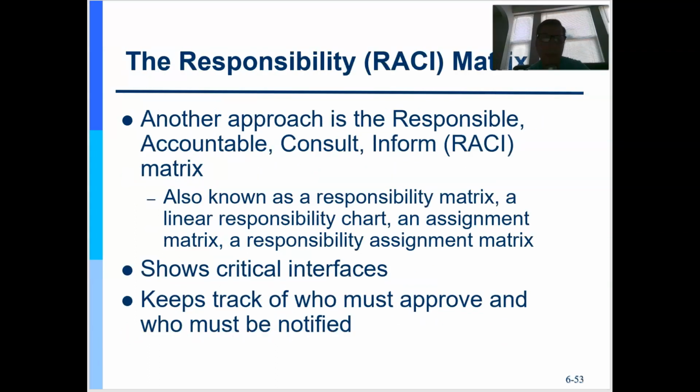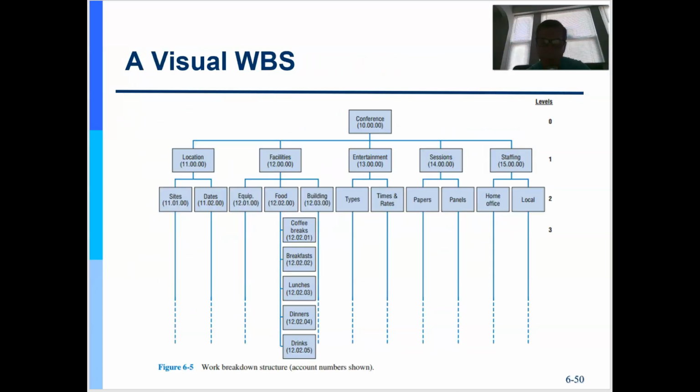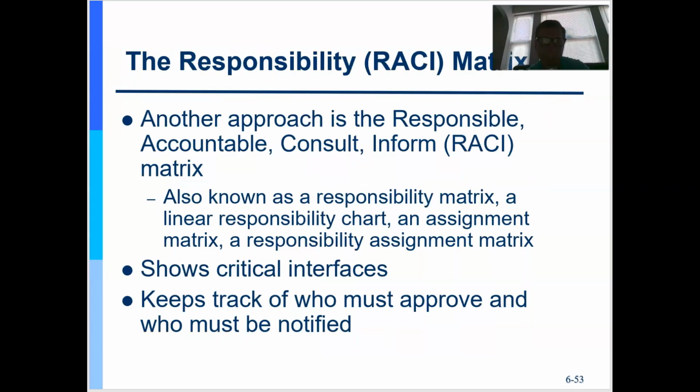Now, to identify who does what, I'm not only going to put their name in the work breakdown structure dictionary, that's the document that goes with the work breakdown structure, and it has all the details. I'm also going to further define a RACI chart. A RACI chart is an acronym: Responsible, Accountable, Consult, Inform, and it helps me identify who is responsible, who is accountable, who do I consult with on each activity, and who do I inform.